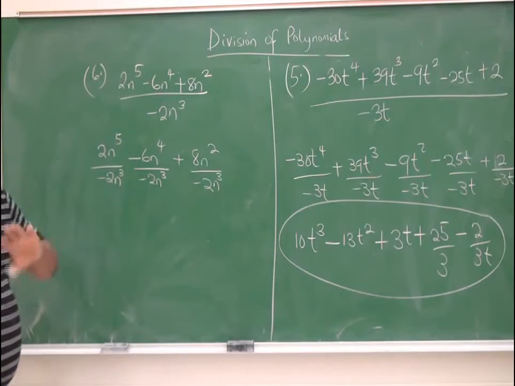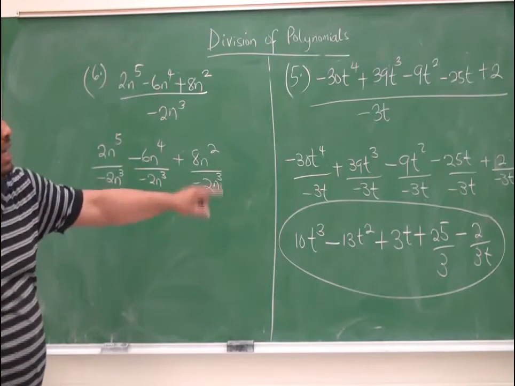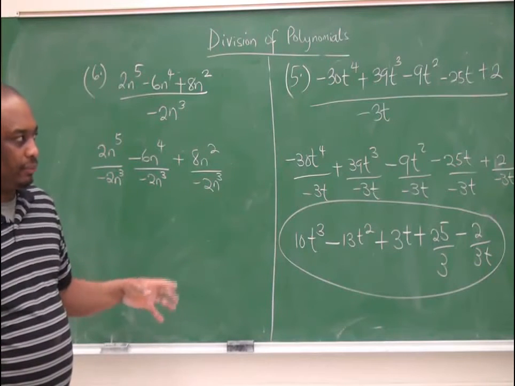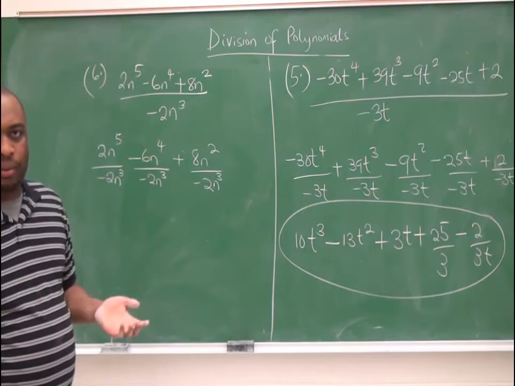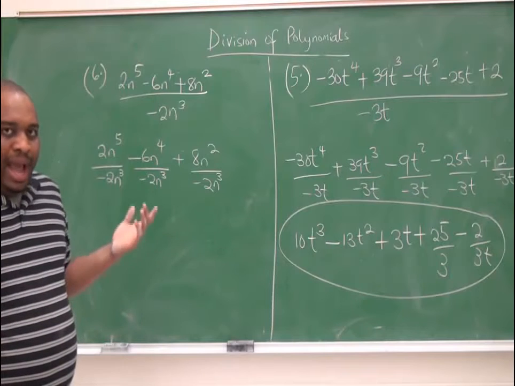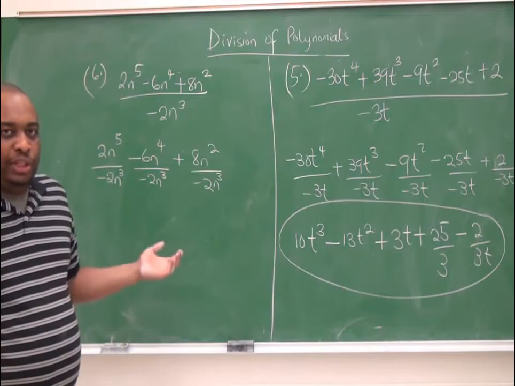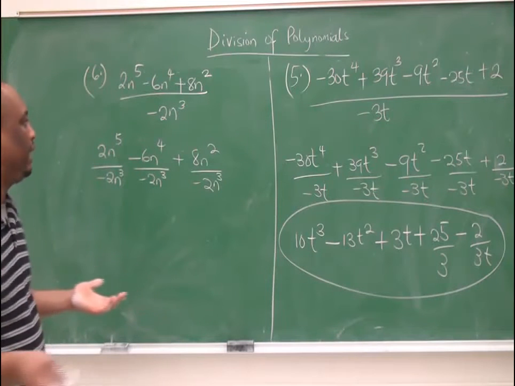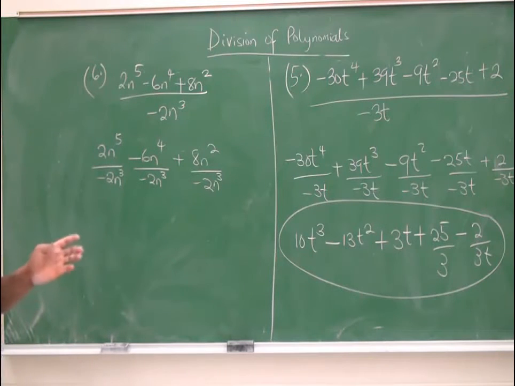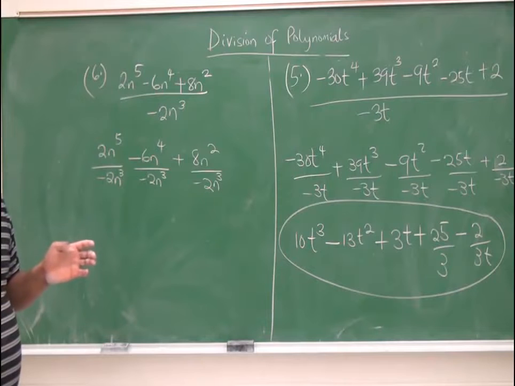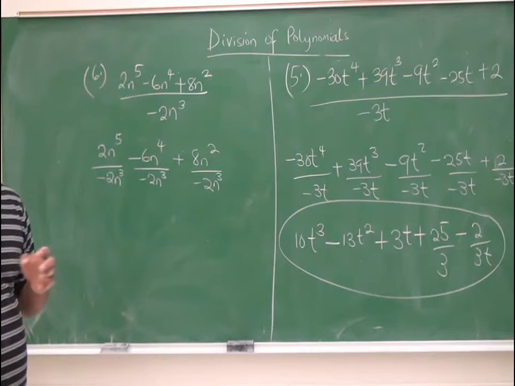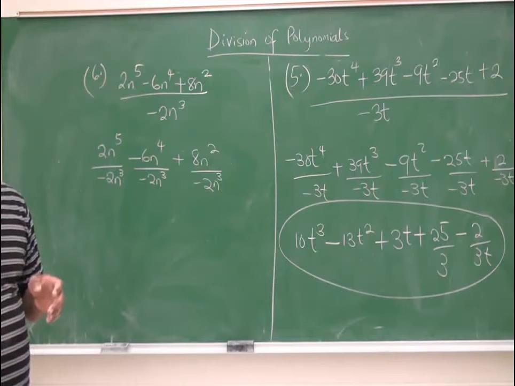Now, let me deviate a bit. You know that we can check all the answers we have gotten. We can check whether we are right or wrong. How do you check whether a division process is correct? It's by multiplying. And I'm going to talk about that in the next video, because we're going to check our work in the next video.